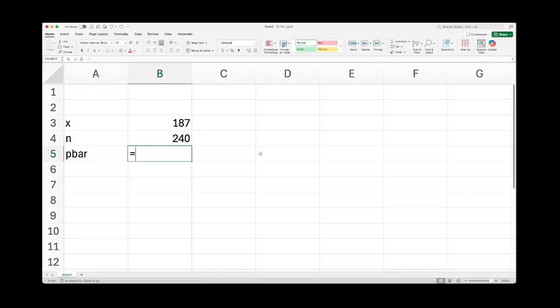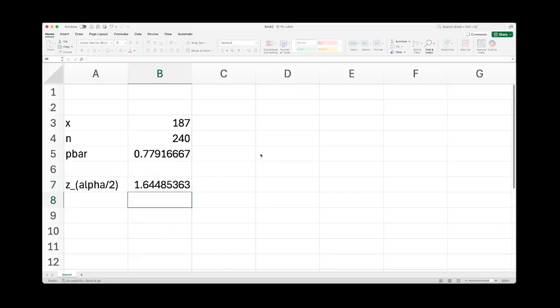Our p bar, I'm just going to type this in, was 187 over 240. Our z value, our z alpha over 2, we said should be norm.s.inv of 0.95.